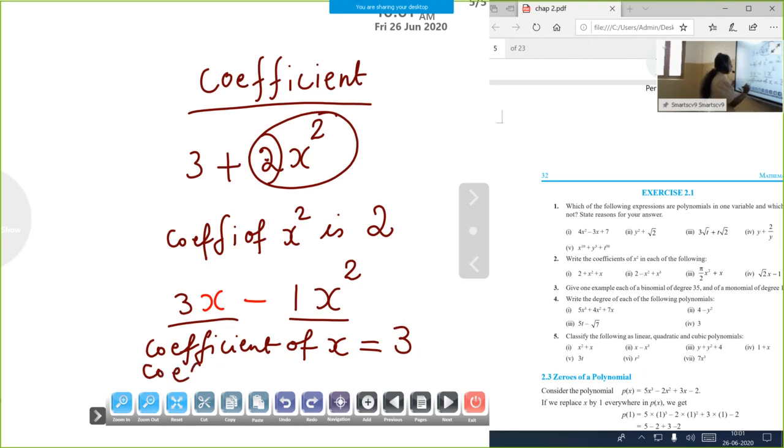The coefficient of x square is minus 1. So coefficient of x is 3, and the coefficient of x square, the number and sign also you need to take, minus 1.